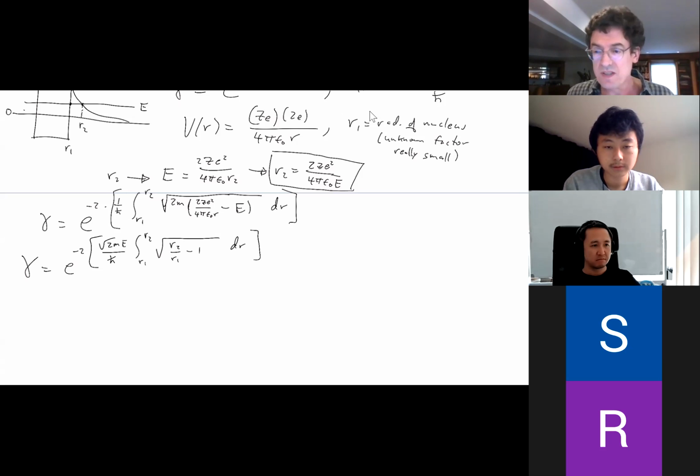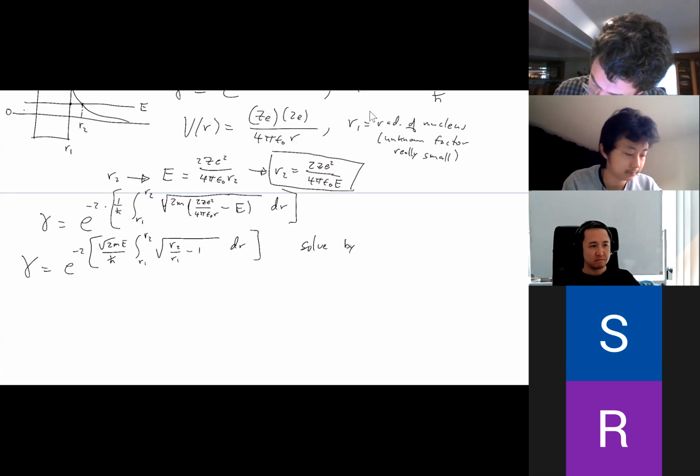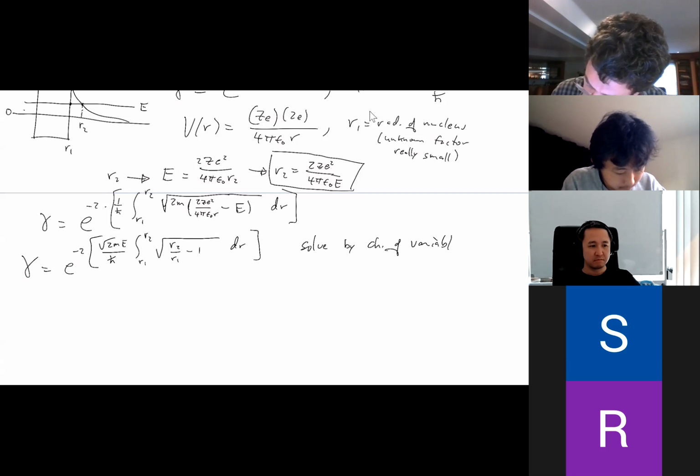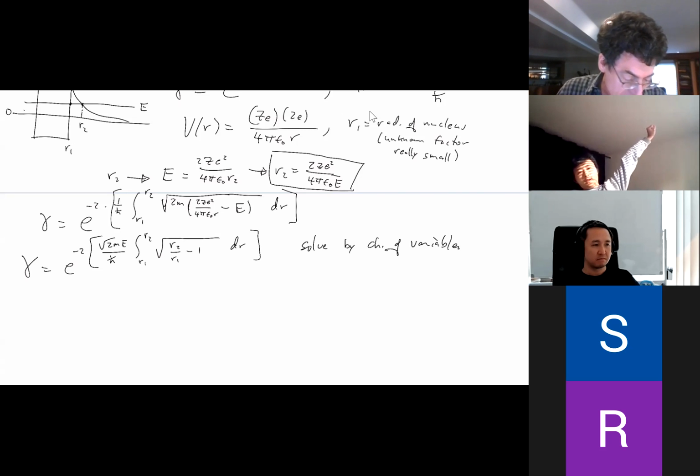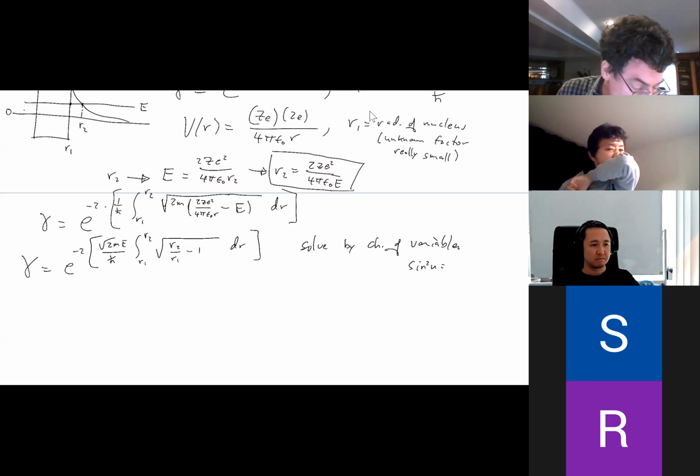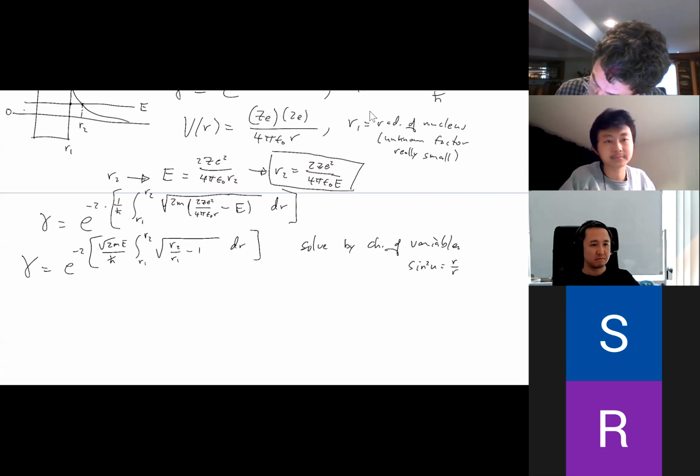It's a famous integral because lots of people have solved it. You can solve it using a change of variables, which I'm not going to do. I'm not going to go through all the tedious algebra of it. I'll just tell you the change of variables, sine squared u equals r over r2.